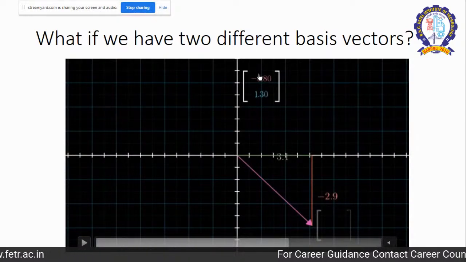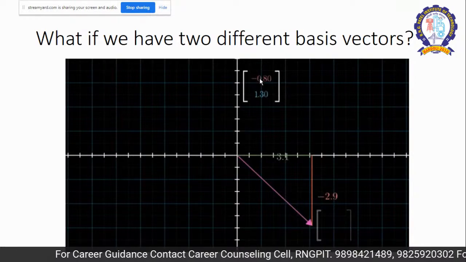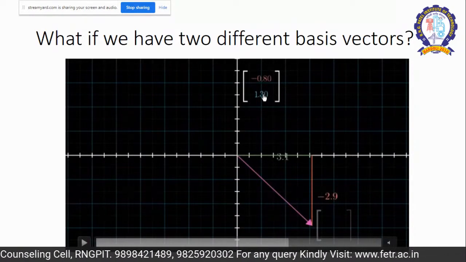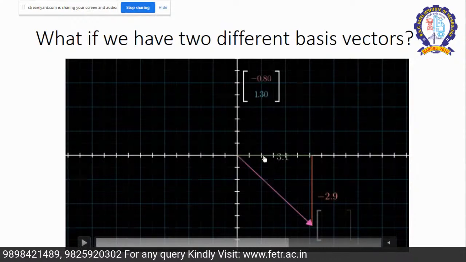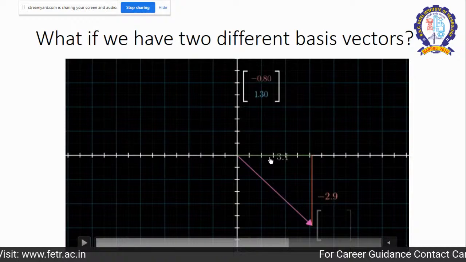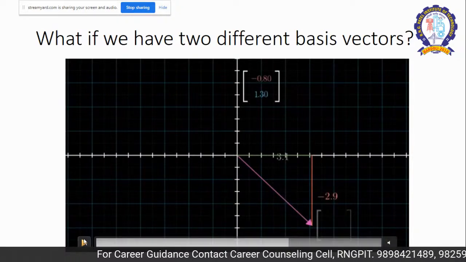It is the scaling with respect to the first vector's coordinate, and the scaling with respect to the second coordinate. And then we consider the standard basis vectors, that is nothing but i and j. Their scaling is 3.1 and -2.9.